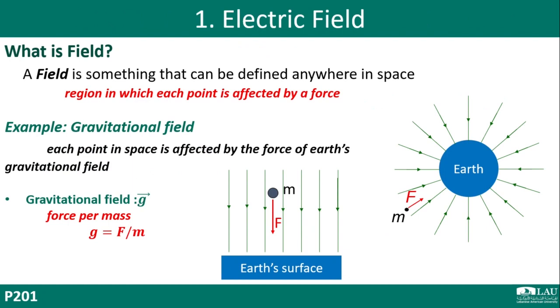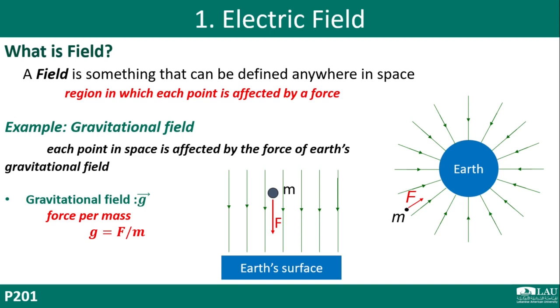You all know the definition of a field, which is defined by how an object interacts with another object. A familiar example is the gravitational field. Every point in space near the Earth has an associated gravitational field vector G. If we consider a body of mass m and F is the gravitational force, or the weight, acting on it, then G is given by the force per mass, so it's the force divided by the mass.